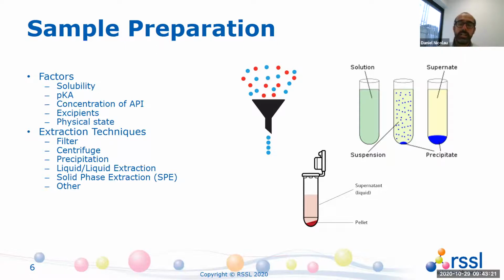And if you are very lucky and you have a very simple aqueous solution, a water for injection, for example, with a low concentration of API, there may be limited sample preparation required.